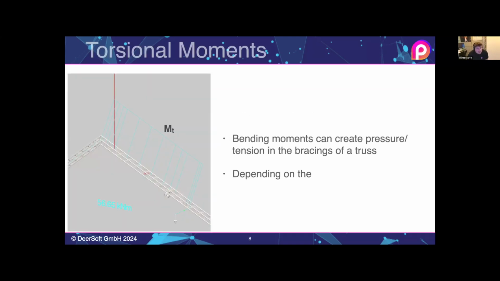The other thing that we have is something that we call torsional moments. Torsional moments happen if you actually twist a truss. Twisting a truss happens if you have a rigid frame and put lights on the different chords of the truss. Each of these has a small lever against the middle point of the truss, creating this bending moment.